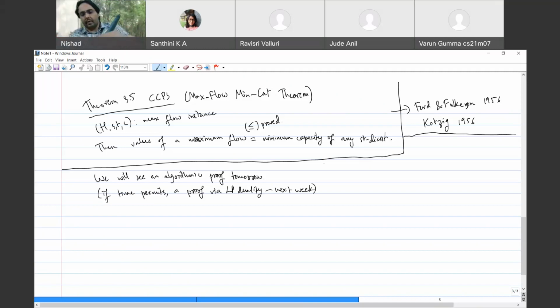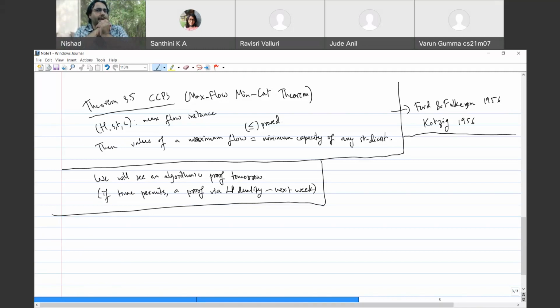Maybe I'll just make a few comments regarding MaxFlowMinCut. So yeah, I'm calling this module applications of duality and MinMax results, right? So this is one of the first MinMax results that we are seeing here. Turns out that using MaxFlowMinCut, you can prove a bunch of other MinMax results in combinatorics.